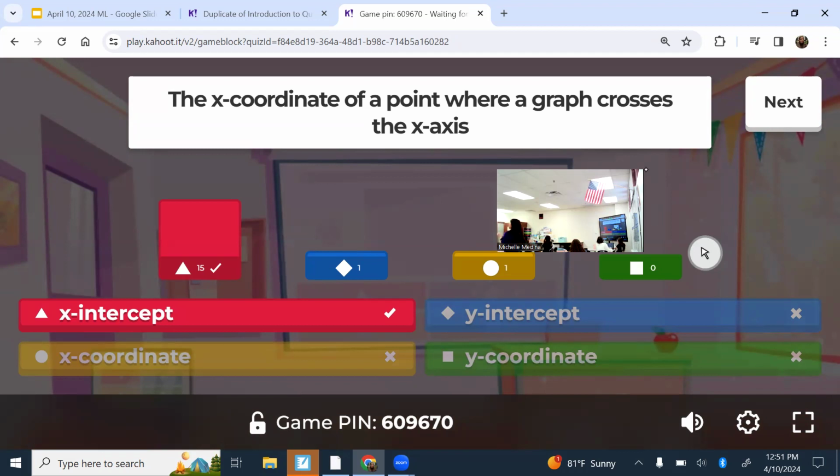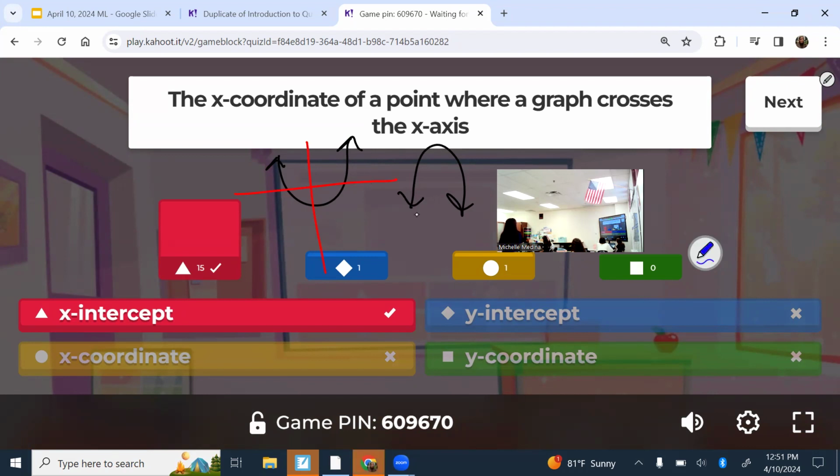What is the most amount of x-intercepts I can have for a quadratic? Remember, they look like this or like this. What's the most amount of x-intercepts I could possibly have? 2. And then could I have 1 x-intercept?